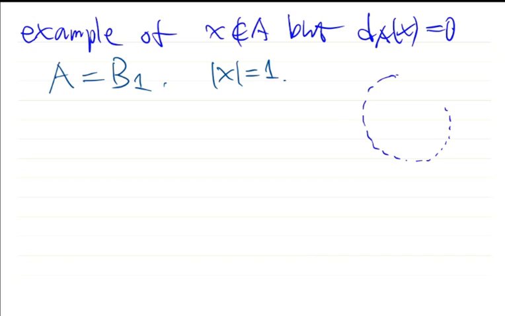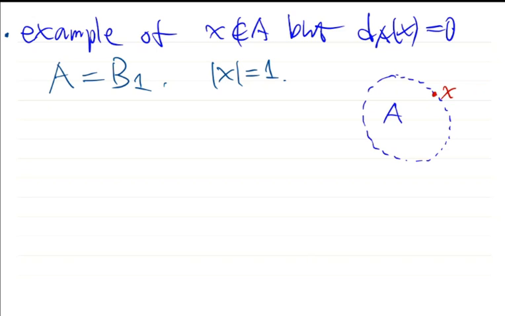The boundary of the ball is not contained in A, and the norm of x is 1 means x is here, and this ball is A. So the distance from x to A is 0, as you can check, but x is not a point in A. Okay, so you need to notice this example.